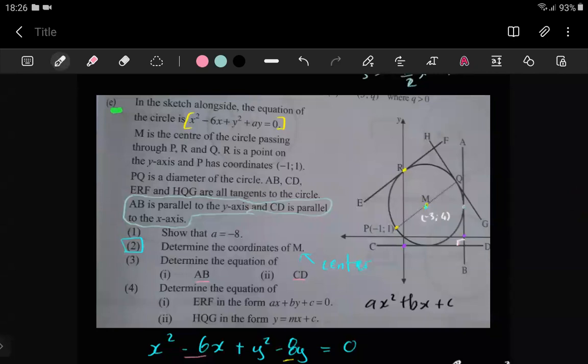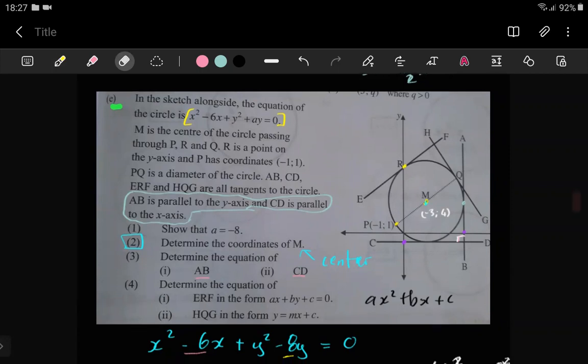Just think of how when you have the equations of asymptotes, they're usually just y is equal to something or x is equal to something. The equations of these lines have the same idea.